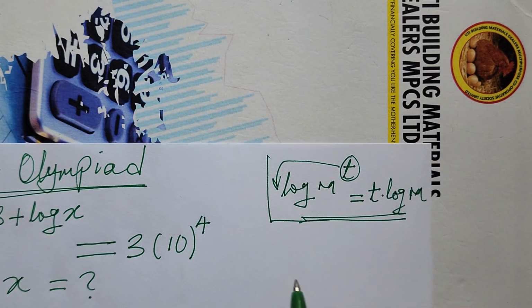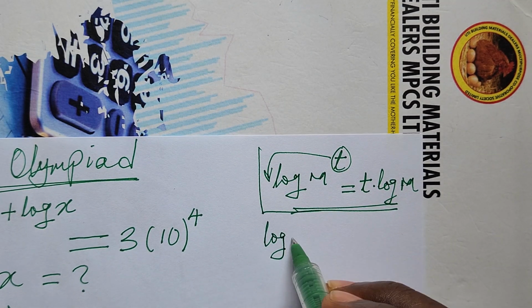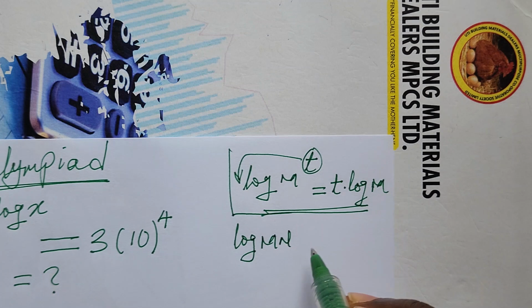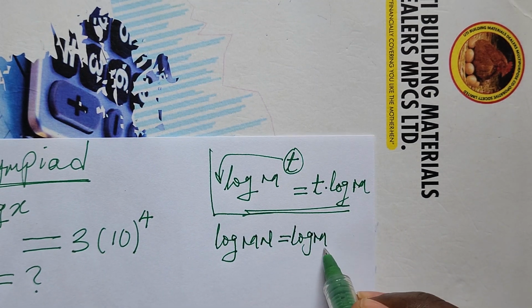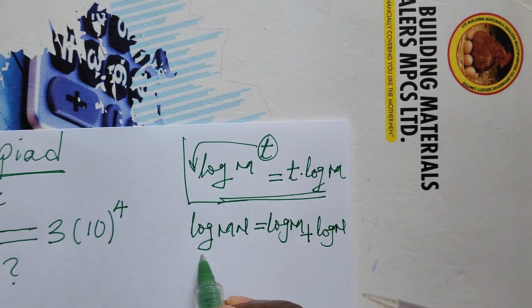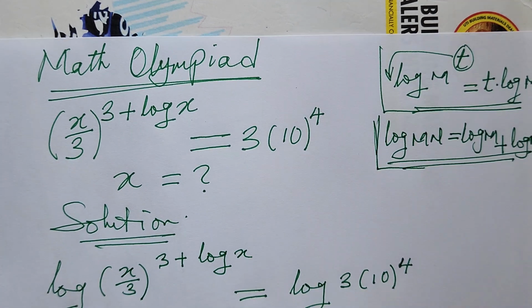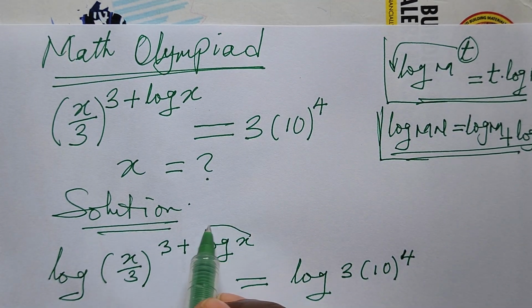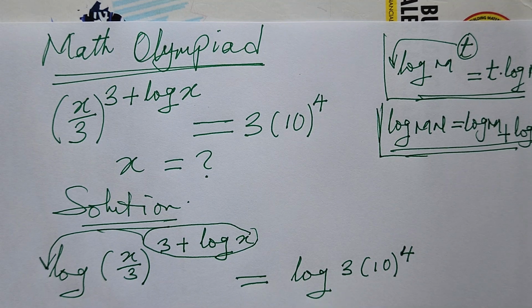Again, the product law says that if you have log of mn, this is equal to log m plus log n. Remember this law also? So we're going to use this law here. We're going to move this power to this other side and separate this.